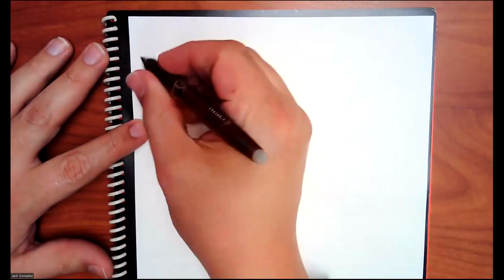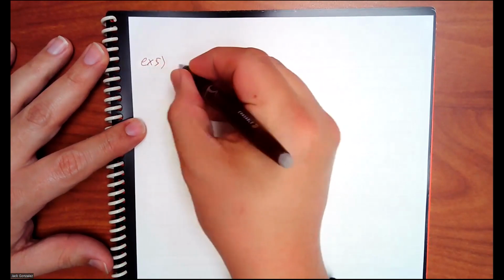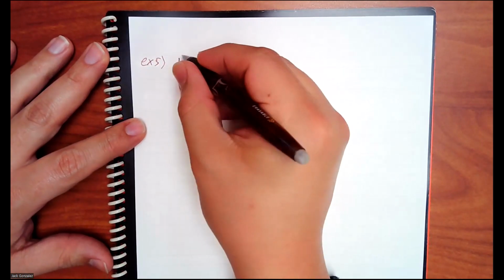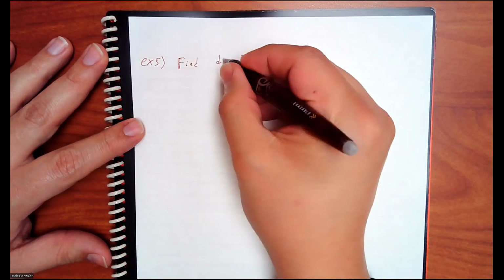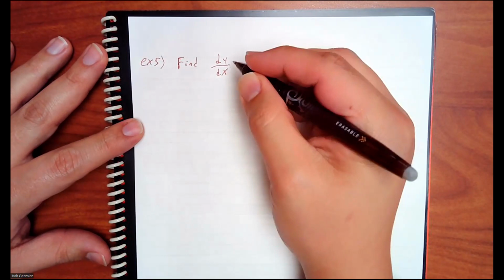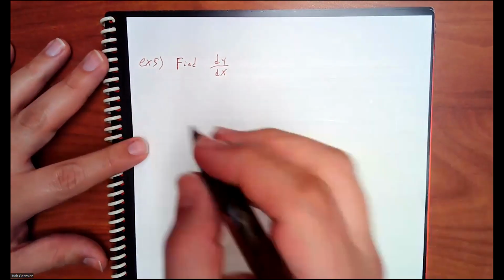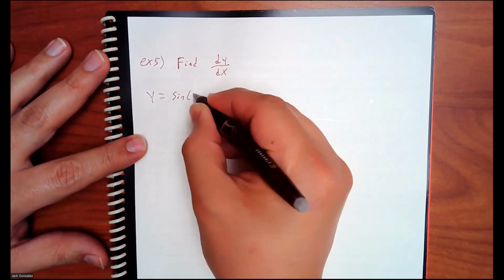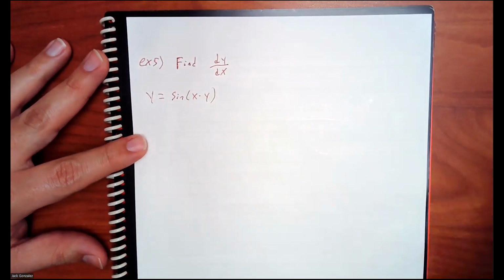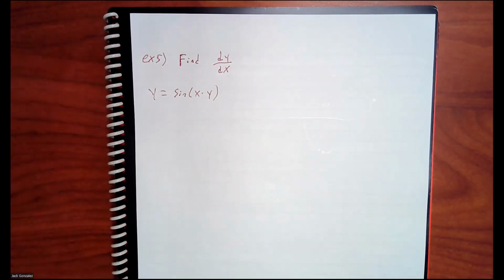Okay. Let's do one with a chain rule. So y is equal to sine xy. So what's the outside function and inside function?